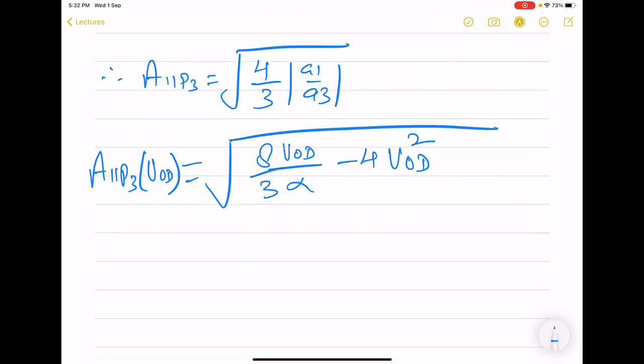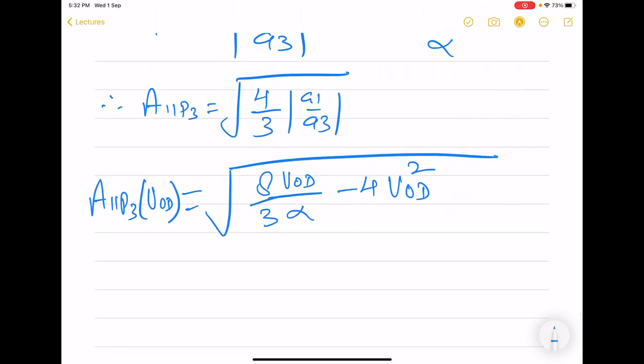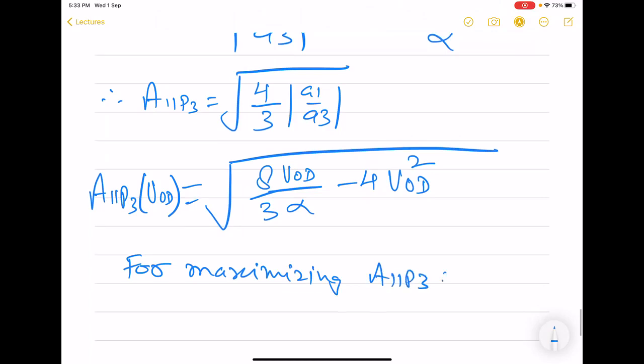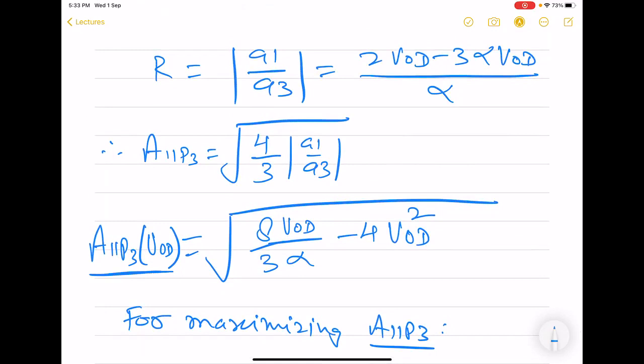And so one can ask what we should do for maximizing AIIP3. That means we want larger and larger input amplitude for which this point occurs. That means we will now be able to use our amplifier for wider range of input. So to know the maximum of this thing, we need to know the maximum of this ratio.